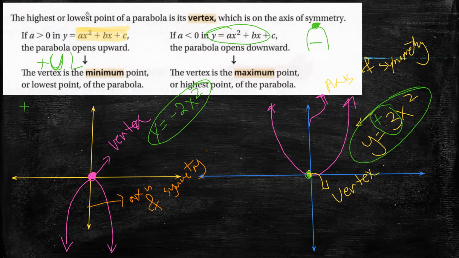It decreases. So we said if a is negative, the parabola opens downward, and the vertex is a maximum point. But if a is positive, the parabola opens upward, and the vertex is the lowest point.